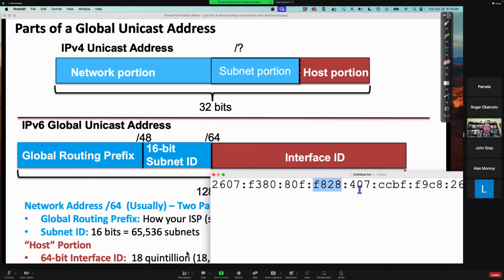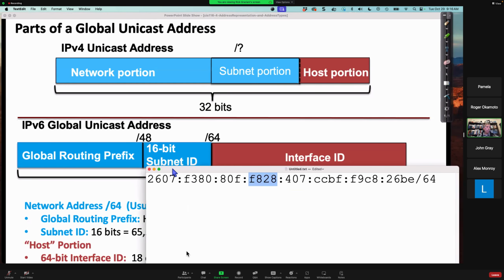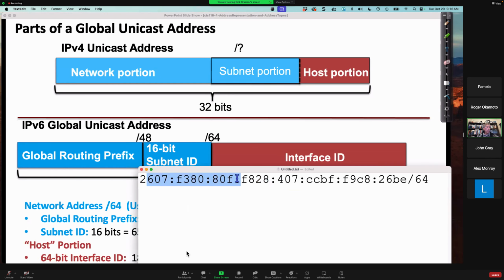It's not about conserving IP addresses anymore. It's about making the nomenclature, the structure of these addresses, in a way that we can do address planning much easier.